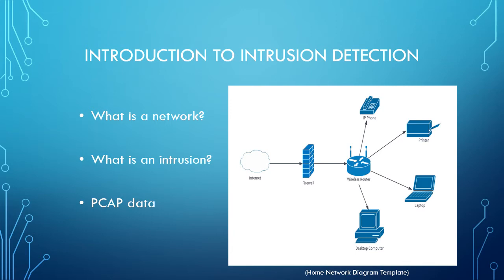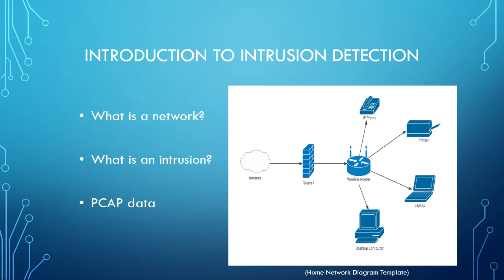We have to have input data into our neural networks, as we discussed previously, and this input data is going to come in the form of PCAP files. A PCAP file is a packet capture. On a network, you'll have devices that will send packets to and from the router, to and from other devices, requesting certain information.